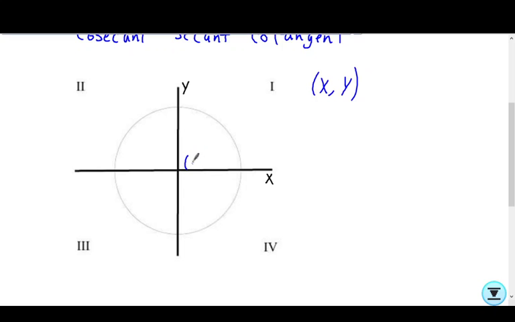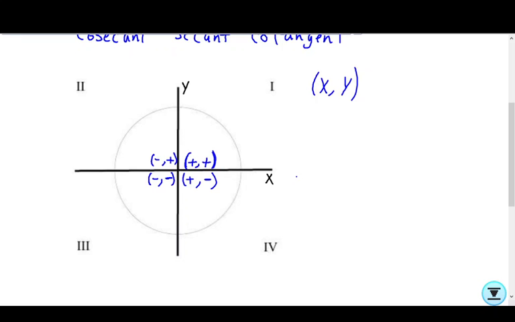So here, x is positive, y is positive. In the second quadrant, x is negative, y is positive. In the third quadrant, they are both negative. And in the fourth quadrant, x is positive, y is negative. Now this is going to become important in just a minute.